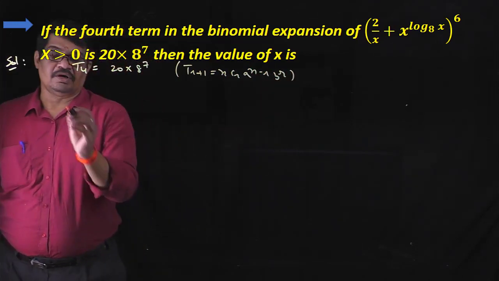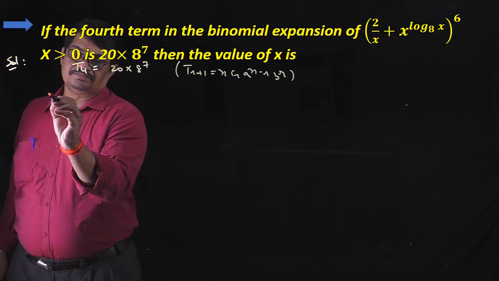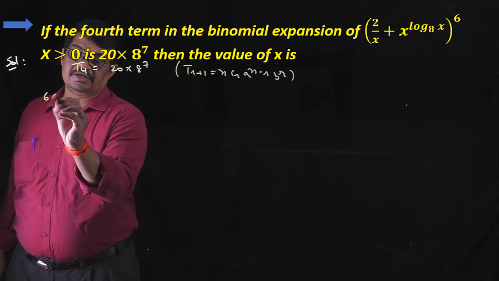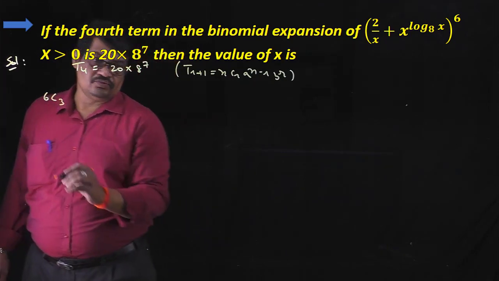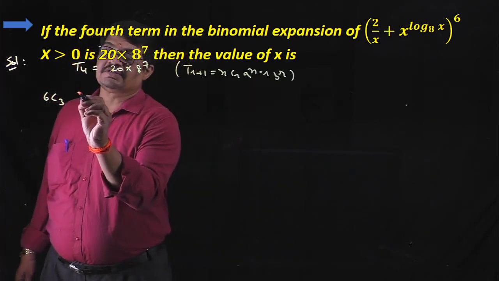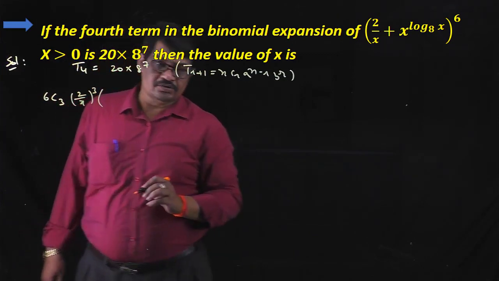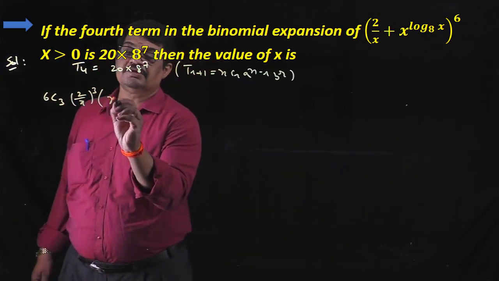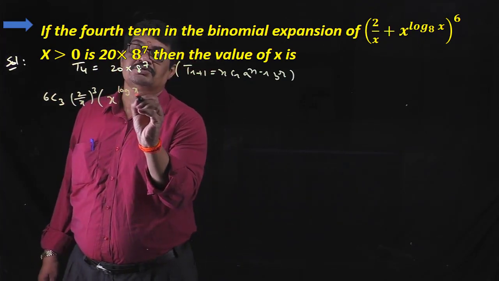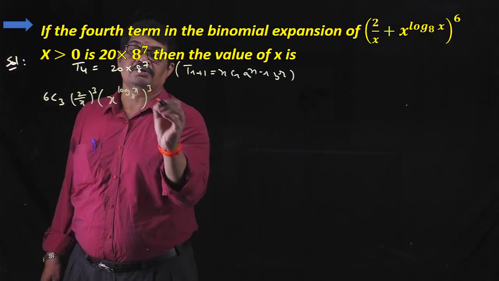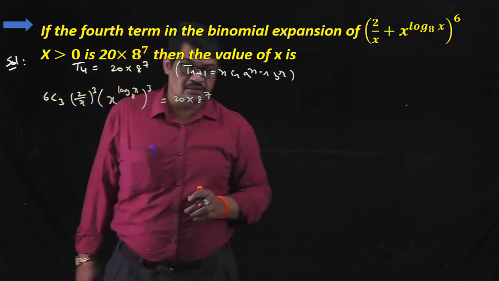Using this formula, n is 6, so 6C3 into the first term, (2 by x) whole power 6 minus 3, that is 3, into the second term, (x to the power of log x to the base 8) whole power 3, that is 20 into 8 power 7.